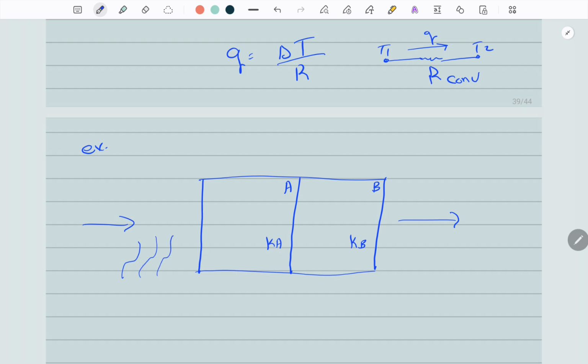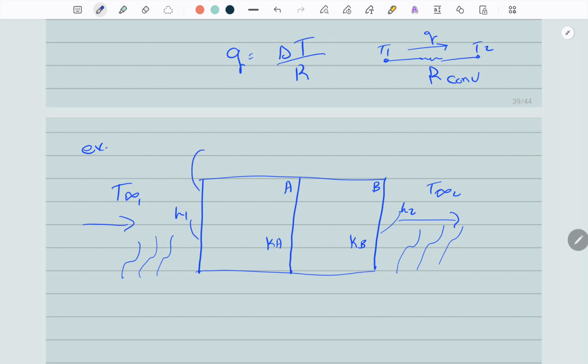On both sides of the wall there is convection. Therefore, there's a temperature of the surrounding, T infinity 1, T infinity 2. There's also a convection coefficient on both sides since there's convection.